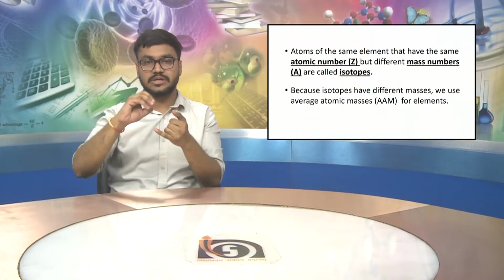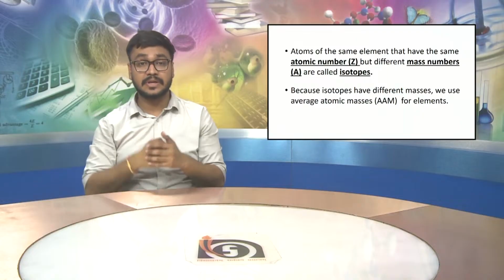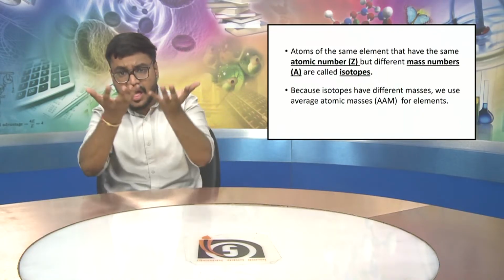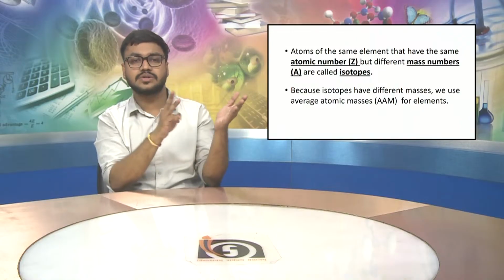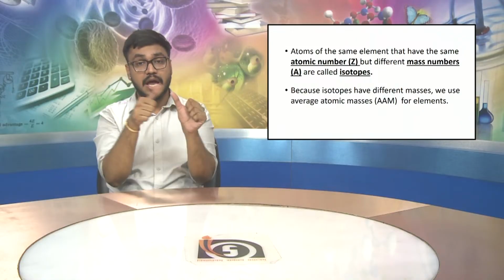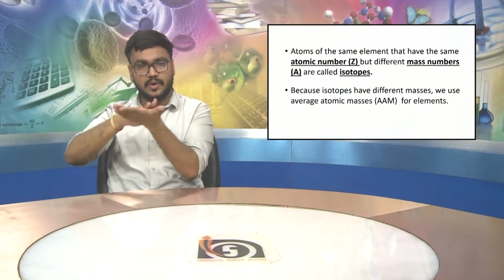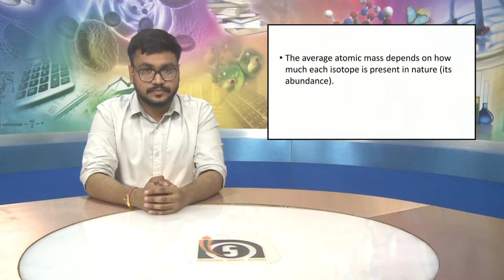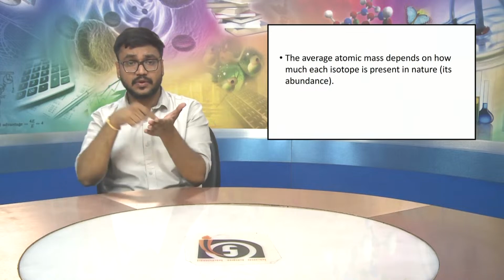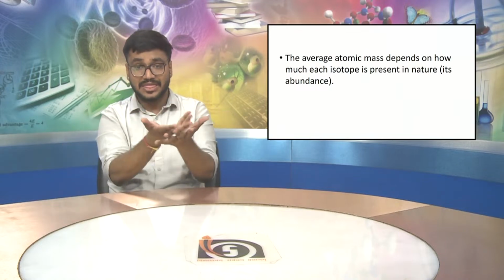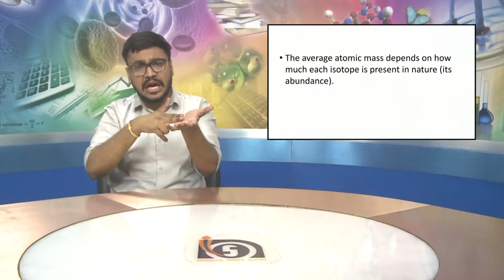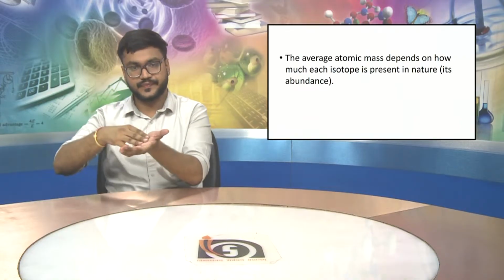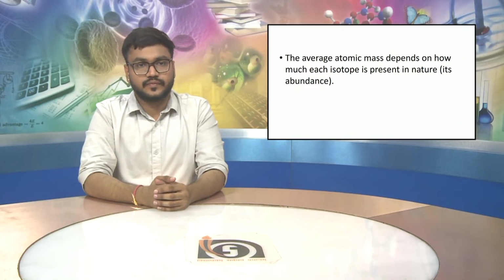Because isotopes have different masses, we use average atomic mass, which is AAM, for elements. The average atomic mass depends on how much each isotope is present in nature.